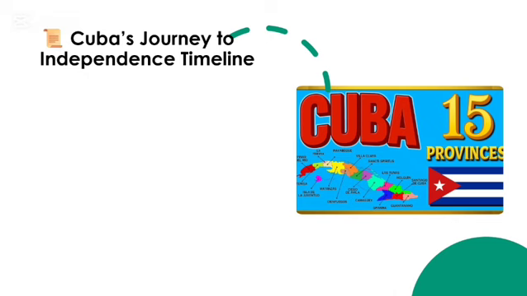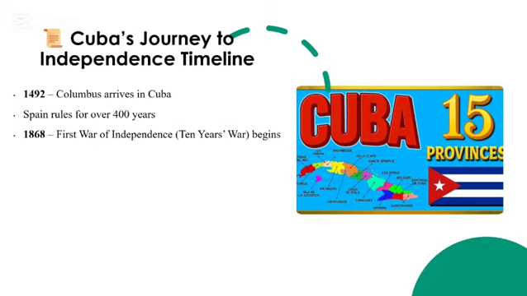Cuba's journey to independence, brief timeline. In 1492, Columbus arrives in Cuba. Spain rules over 400 years. In 1868, the First War of Independence, the Ten Years' War, begins.